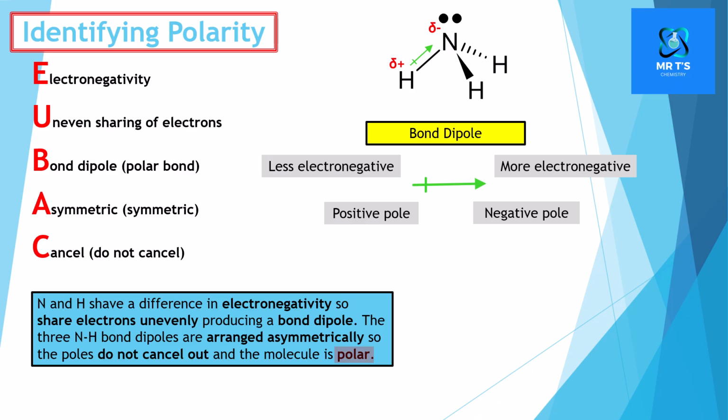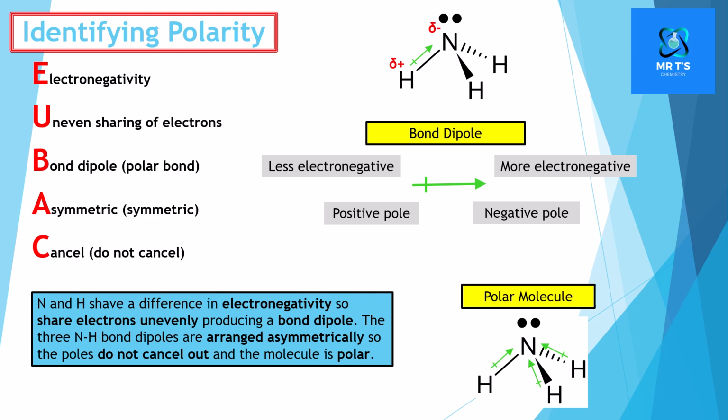The polar bonds are arranged asymmetrically. And then the last thing you need to make sure you do is say that it is the bond dipoles that don't cancel, or the poles that don't cancel, not the polar bonds. Anyway, this is most probably the hardest explanation question to do in this paper, and if you can master this, you'll be well on your way to getting a great mark.